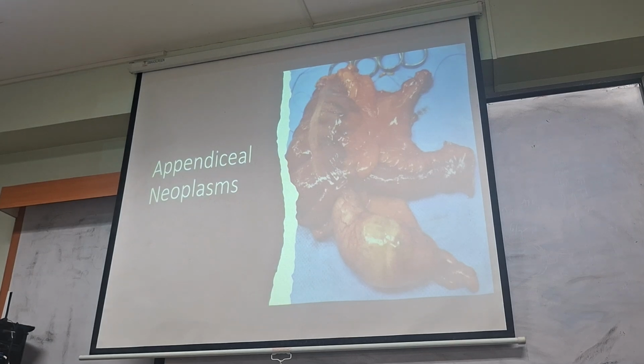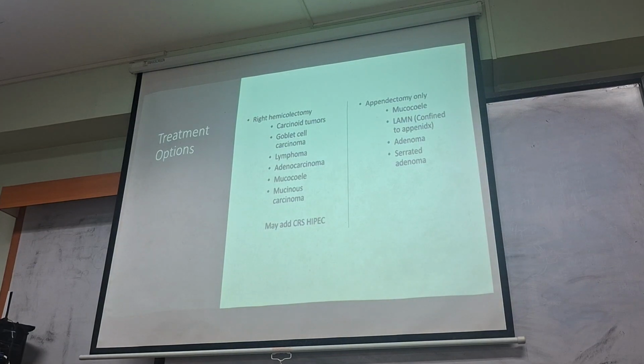Appendiceal neoplasms. The two important tumors to note are adenocarcinoma and carcinoid tumor. For adenocarcinoma, always do a right hemicolectomy for cancer. You can do an appendectomy alone if it's a mucosal lesion, adenoma, or serrated adenoma.